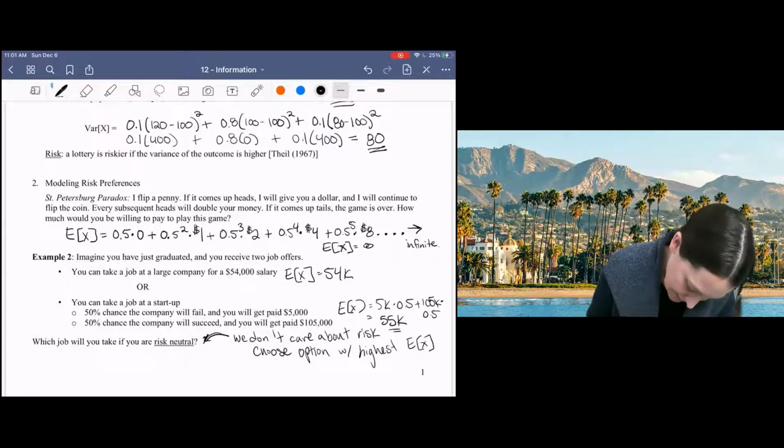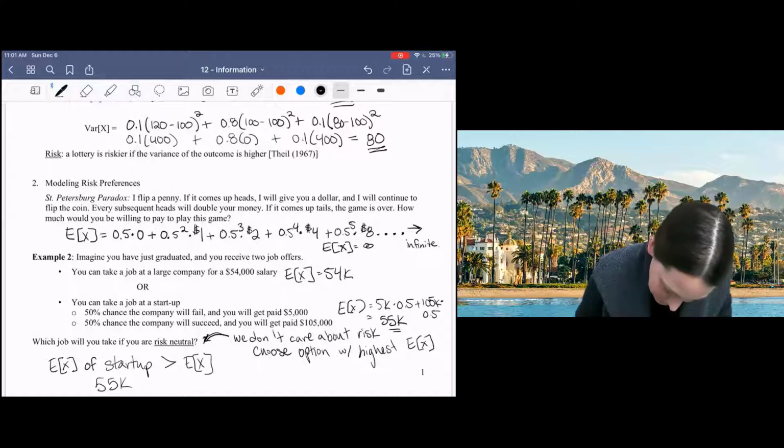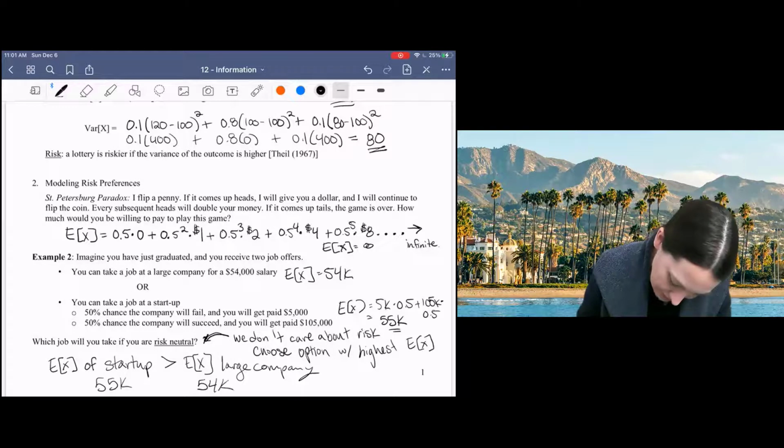Because the expected value of the startup job, that's 55,000, is greater than the expected value of the large company desk job, then you're going to choose the startup.